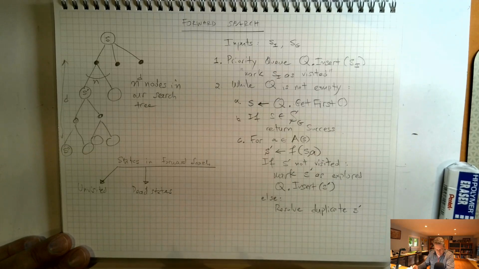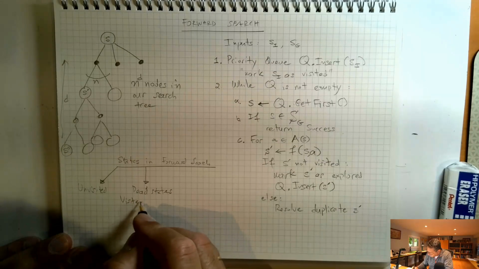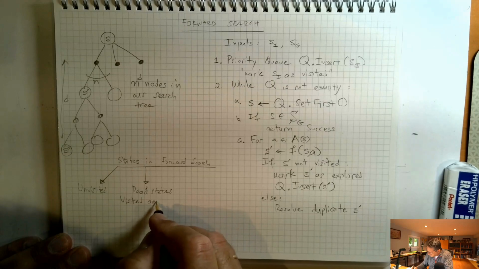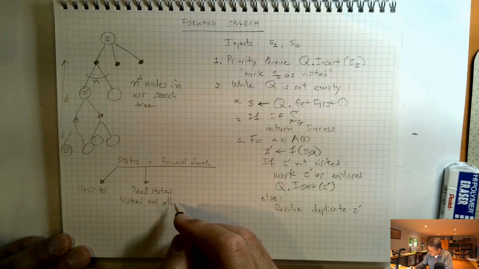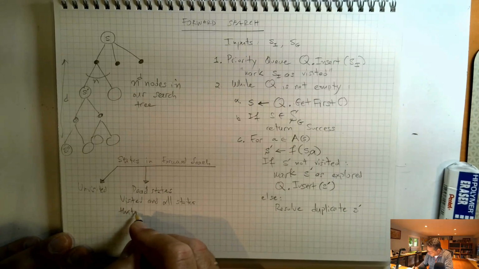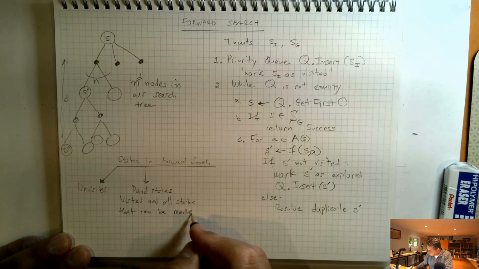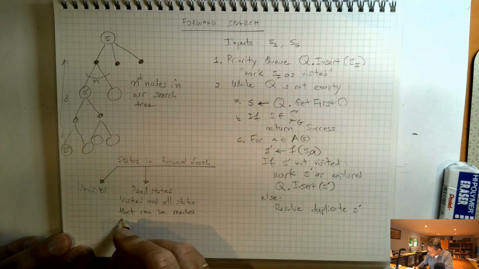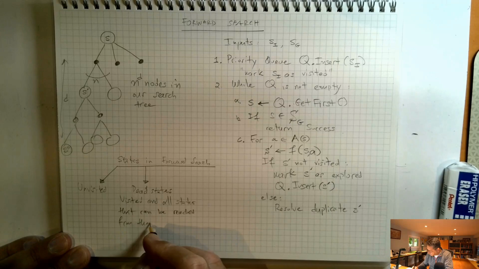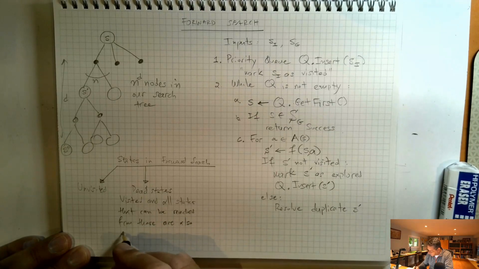These are the states that have been visited, and all states that can be reached via actions from those are also visited.